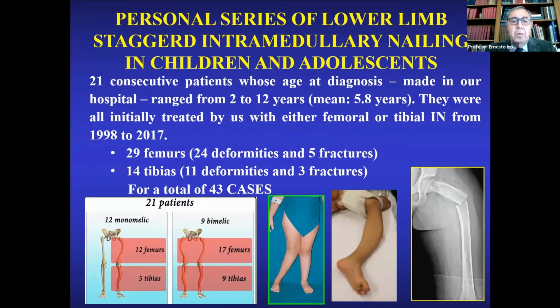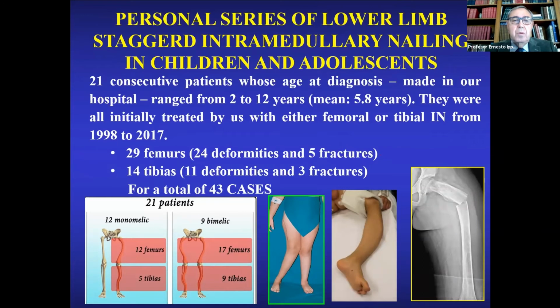And I will show you now our personal series of lower limb intramedullary nailing in children and adolescents. We had 21 consecutive patients whose age ranged from 2 to 12 years, with a mean of 5.8 years.